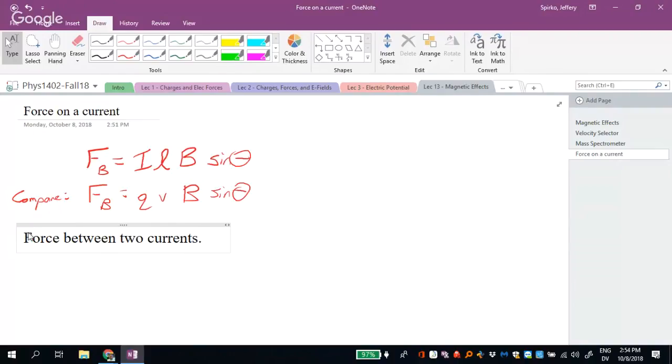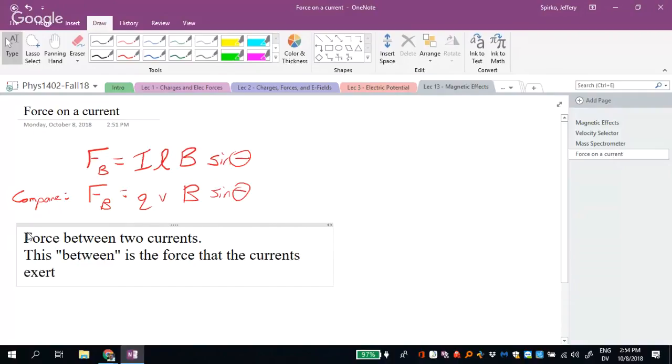And that's used to calculate the force between two currents. Now, this use of the word between means that this is a force that the two currents exert on each other.